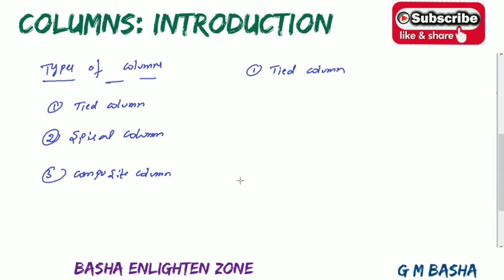I will show you here. For example, you take any circular or square column. There will be dia bars like this. These are called ties.